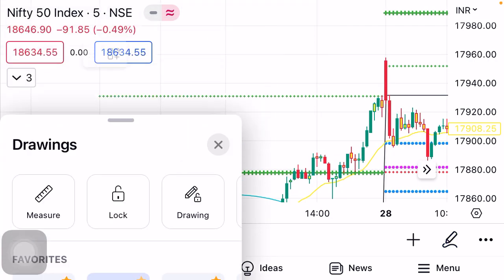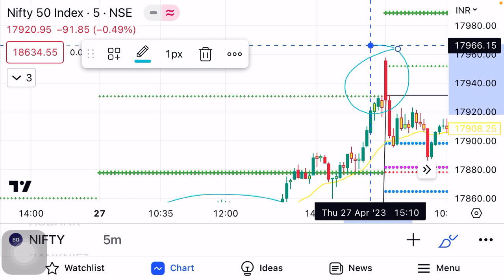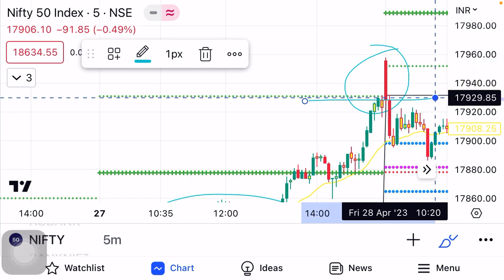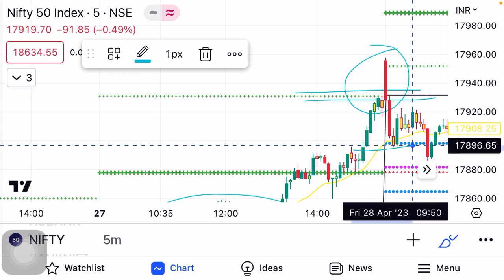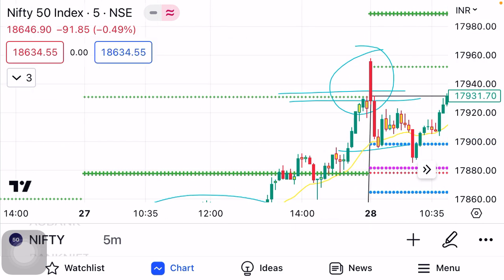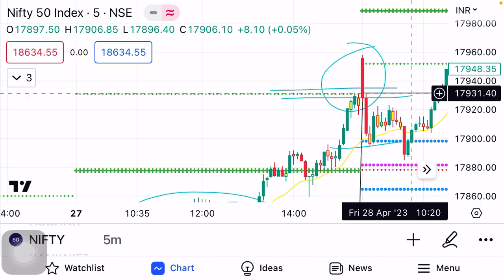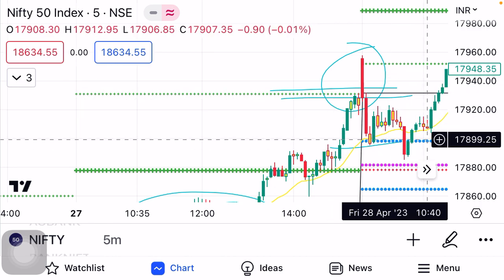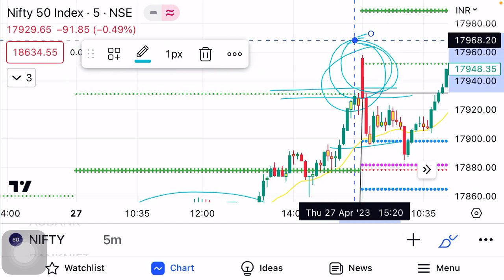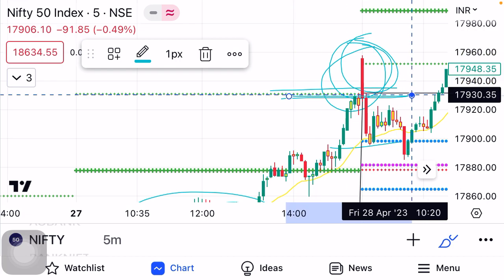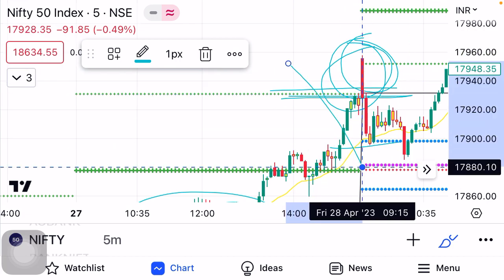On 28th again it is a reversal from that point, and you can take it, put at this point, and your target will be up to top CPR. You may think there is a big stop loss, but if you can't take this trade, you can't take another trade.